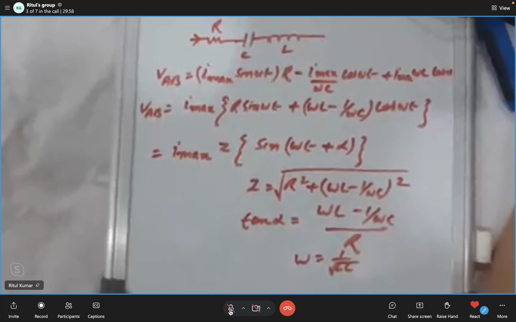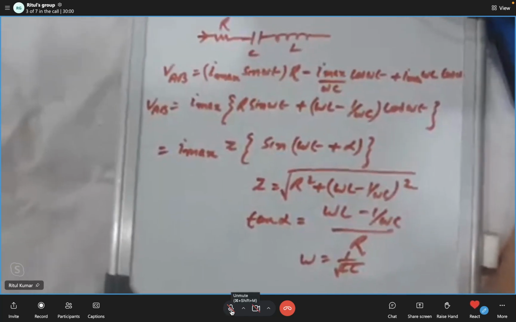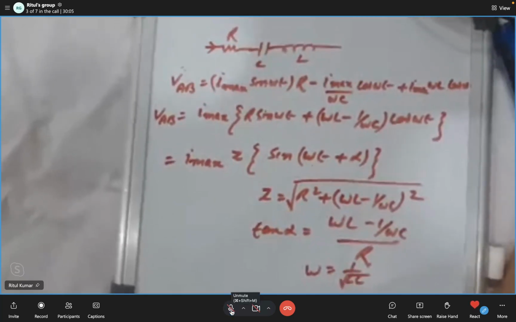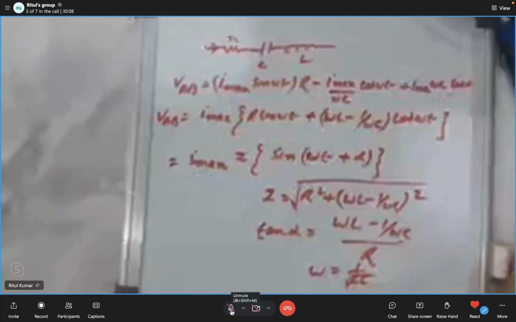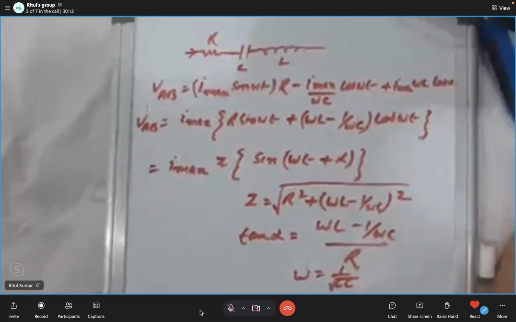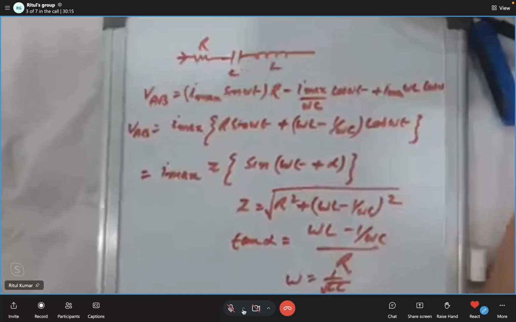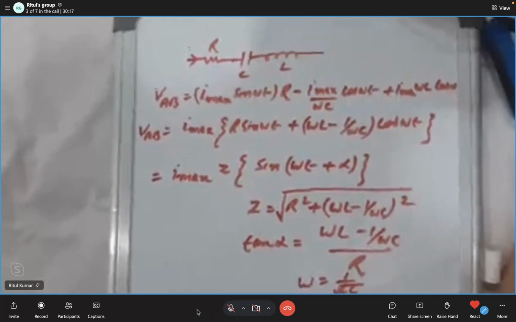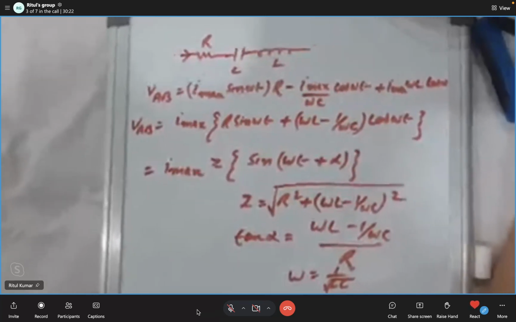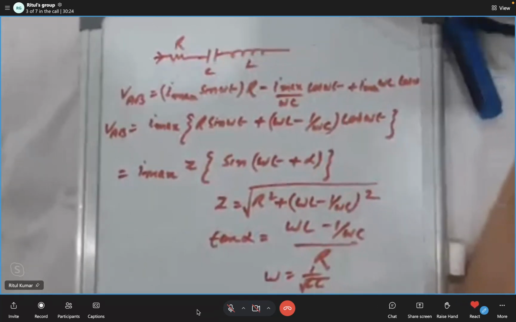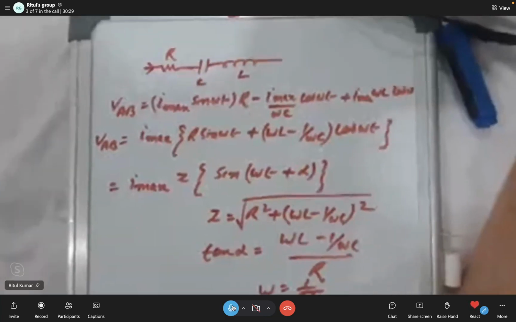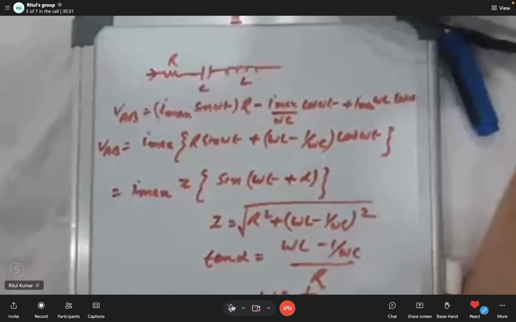Imax will be written as VAB by Z in general, agreement? Then Imax will have its maximum value when Z is equal to R, which is to say when the circuit is in resonance, correct?